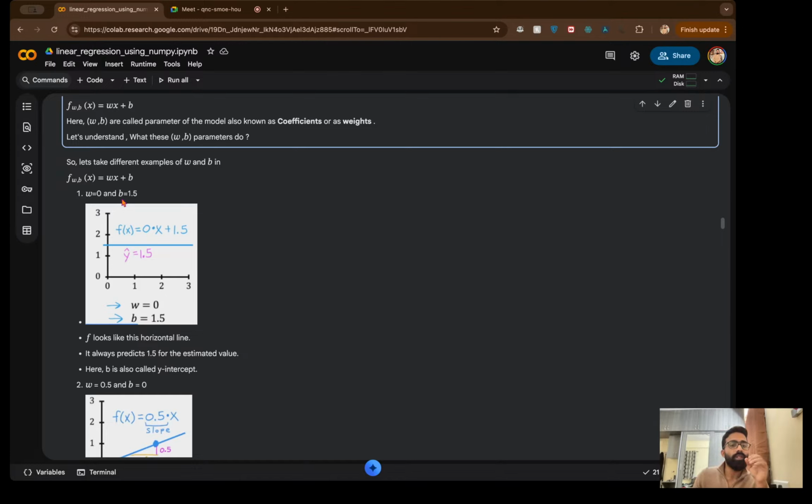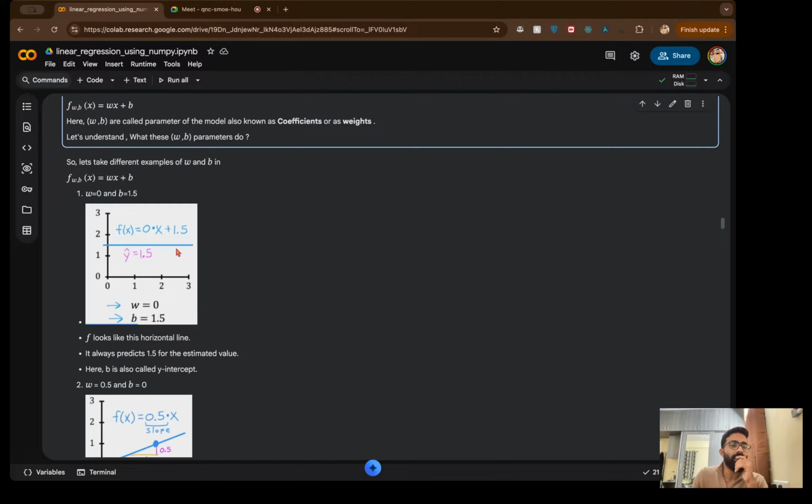So let's say W is 0 and B is 1.5. If W is 0 and B is 1.5, the line will look like this. Why? Because the model will always predict the value 1.5 based on this equation. We are basically multiplying whatever input we are giving with 0, and what we are getting is 1.5.